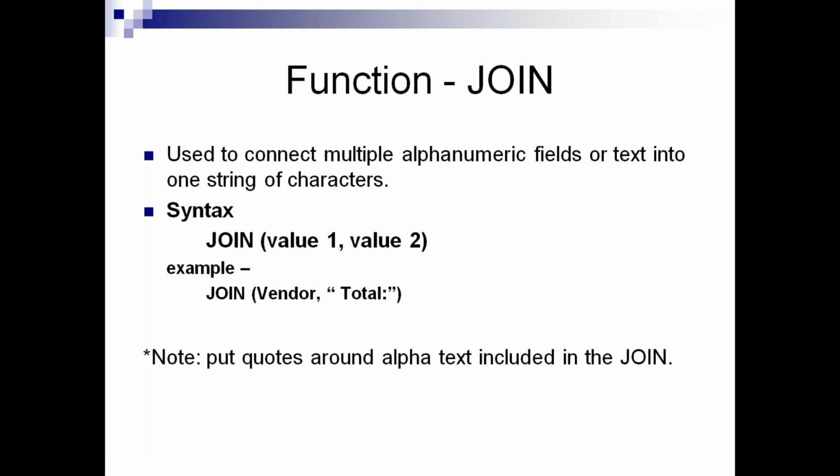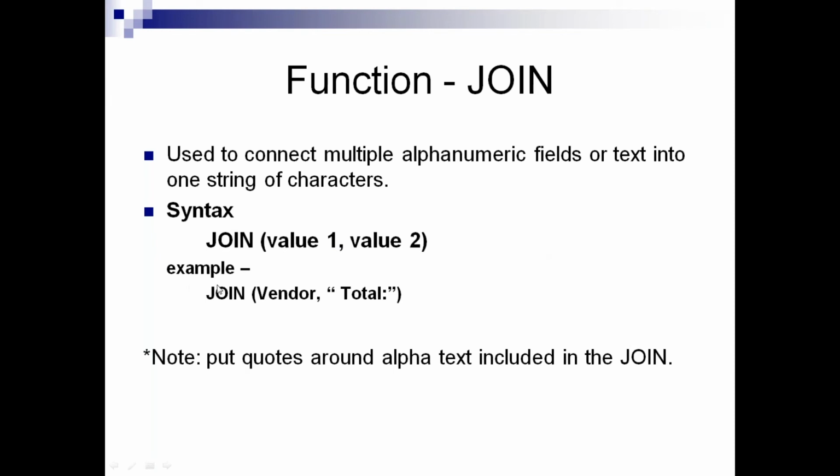All right, so here is the full example of a join. So join is where you're taking multiple fields together or text and you're stringing them together. So the syntax is join and then opening bracket or parenthesis, value 1, comma, value 2, comma, and so on. It can be multiple values.